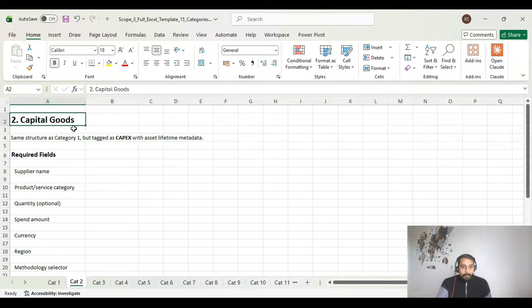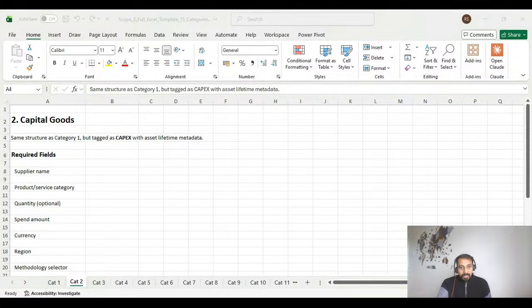So capital goods, some similar structure to category 1 here, but tagged as capex, that is how much capital expenditure you are going to utilize. So for example, here the purchase of any IT servers, for IT companies like TCS, Infosys, or Accenture that have purchased any kind of IT servers or data centers.